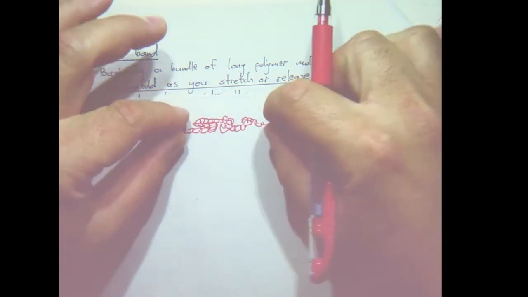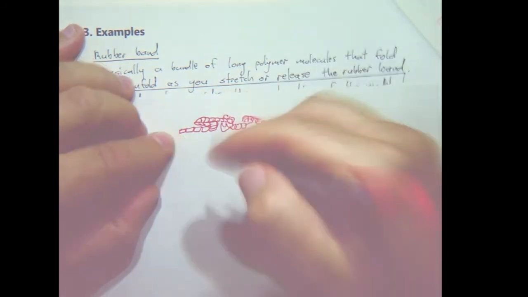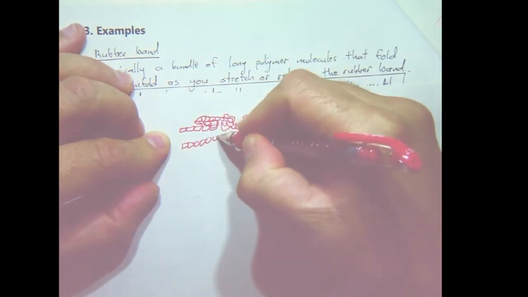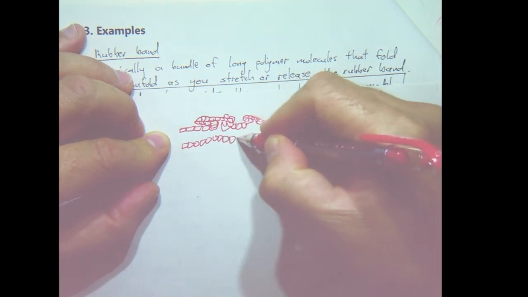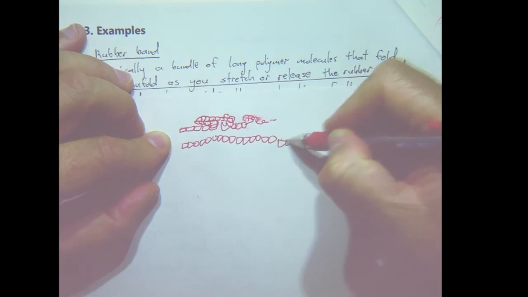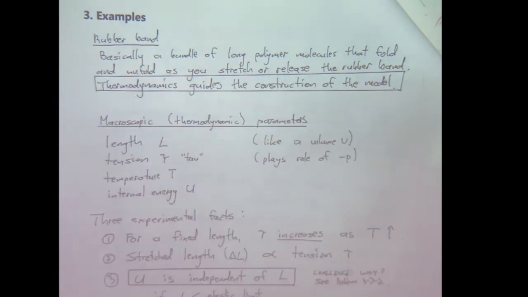And then when you pull the elastic band apart, this kind of unzips. So it gets longer because these folded bits unfold, sort of unzip, like that. That's how it works.